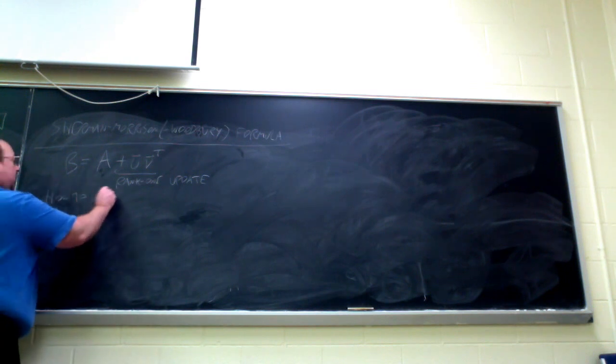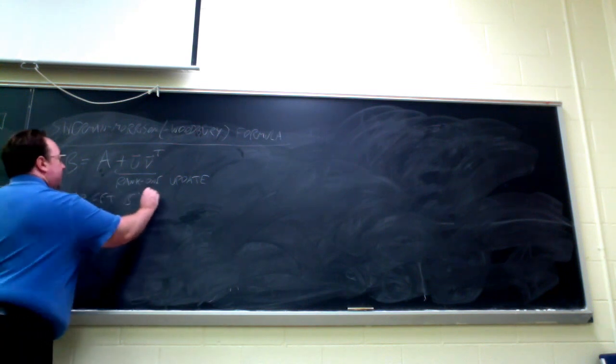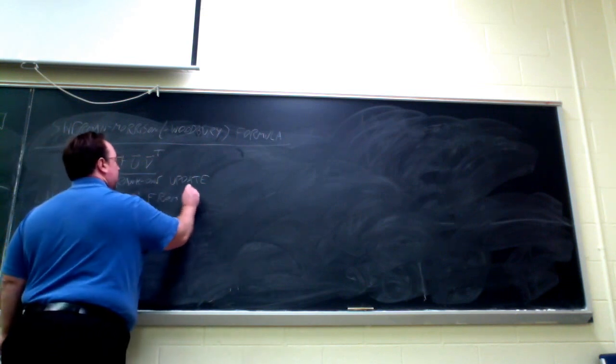So the problem is, how to get B inverse from A inverse? And I could just drop a formula on you, but I always find it a fun exercise to derive it.